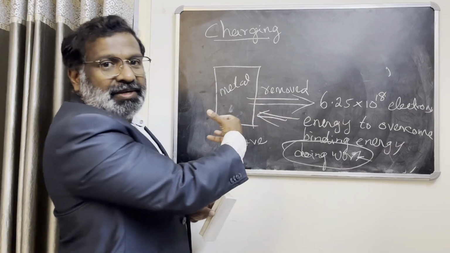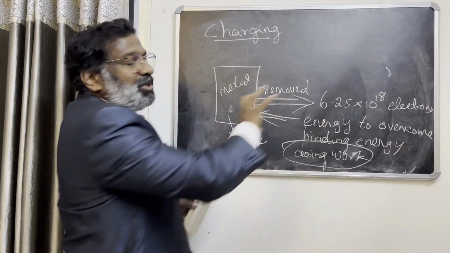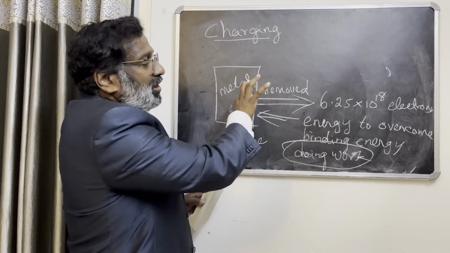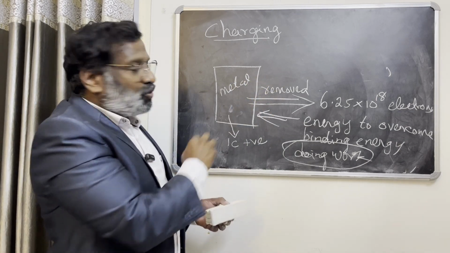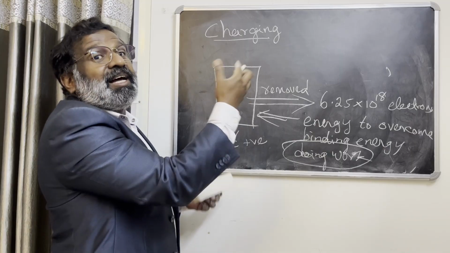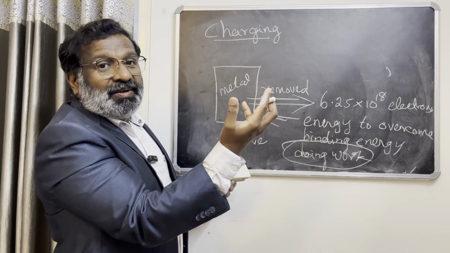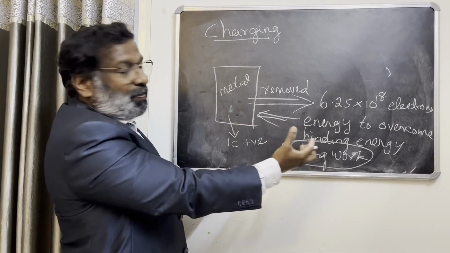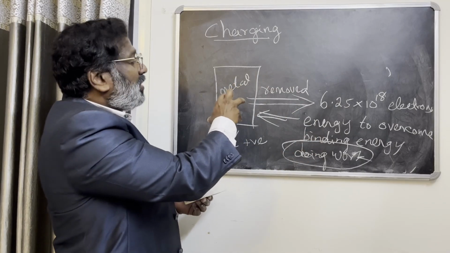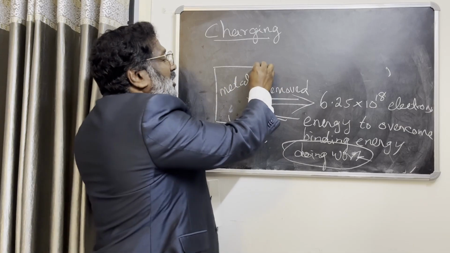I am applying thermal energy for removing this many electrons, overcoming the binding energy. That energy cannot be destroyed. Where will this energy go? Whatever thermal energy I am applying to this metal will be stored inside the metal as potential energy.